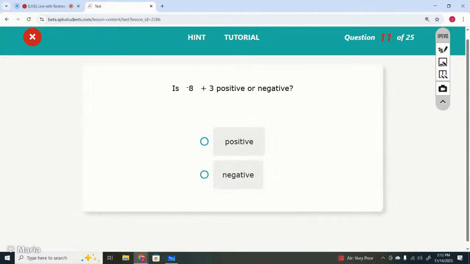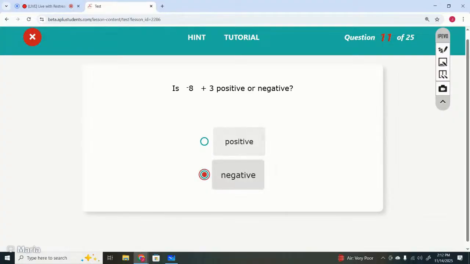Is negative 8 plus 3 positive or negative? Negative it is.